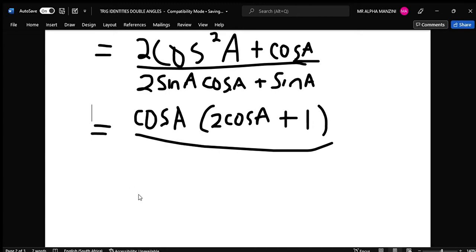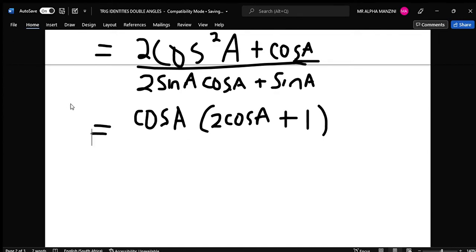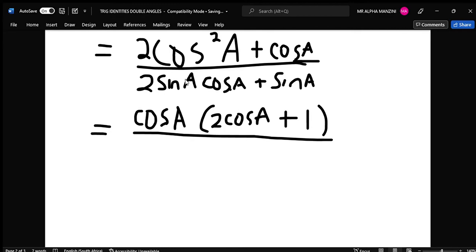And at the bottom, we have only sines. We have 2 sine A cos A plus sine A. Since sine is common, we can take sine A as a common factor and open the bracket.